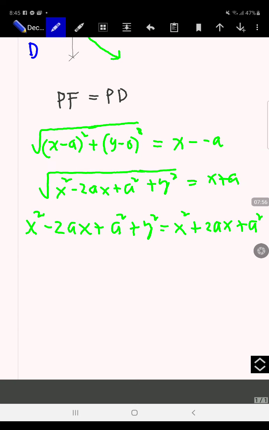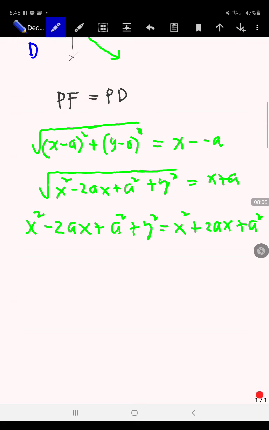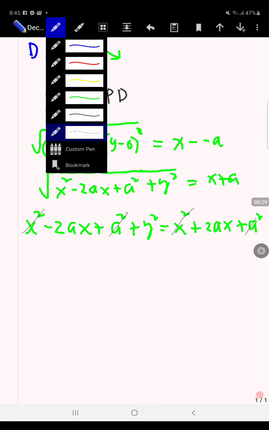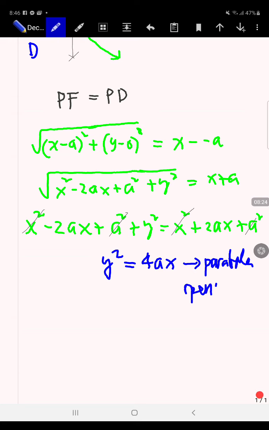Combining similar terms, x squared will disappear, a squared will also disappear. What is left is y squared equals 4ax, which is the equation of a parabola that opens to the right.